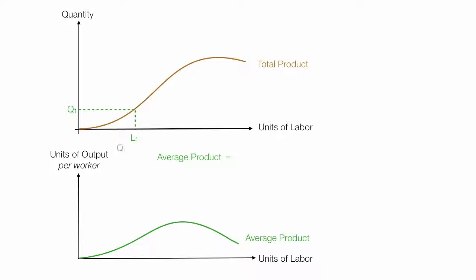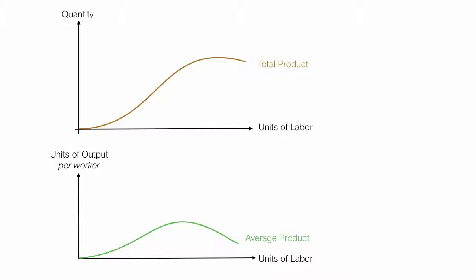In other words, quantity divided by labor is equal to average product. Your professor and your textbooks probably use the notation APL to represent average product of labor. I'll just use average product. Now if I pull labor straight down, then average product is Q1 divided by L1 at that point in time.